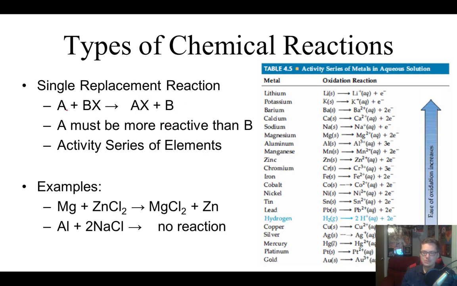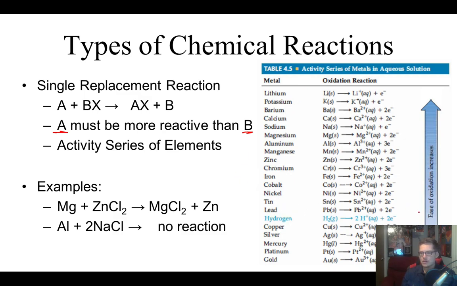So this would be some metal plus some metal with an anion, with a non-metal, and notice that the A and the B simply switch places, so we've got a single replacement. Only one of them is being replaced. That makes sense. Now one trick to this is that your A element, the one that starts out by itself, has to be more reactive than the B, the one that's attached. To tell if it's more reactive, you have to look at the activity series.